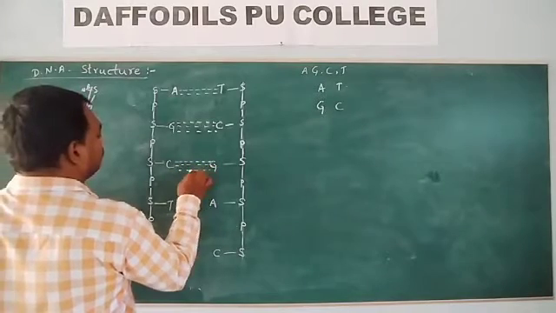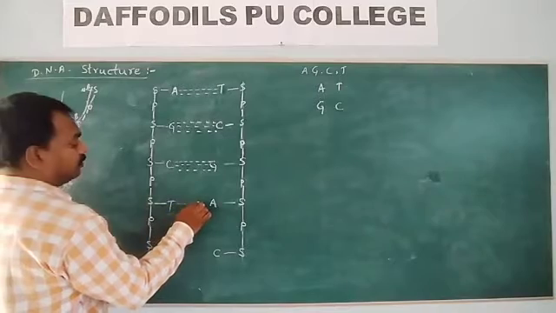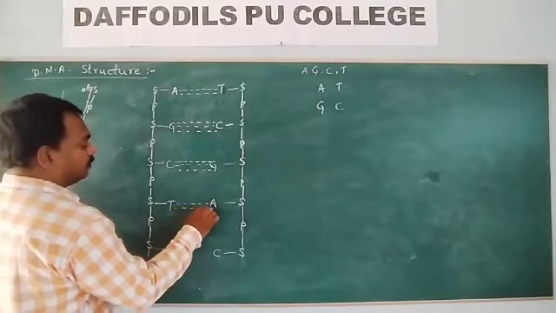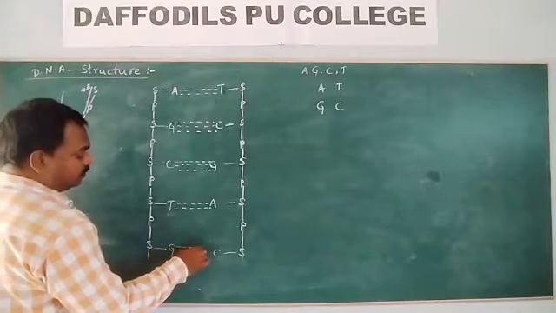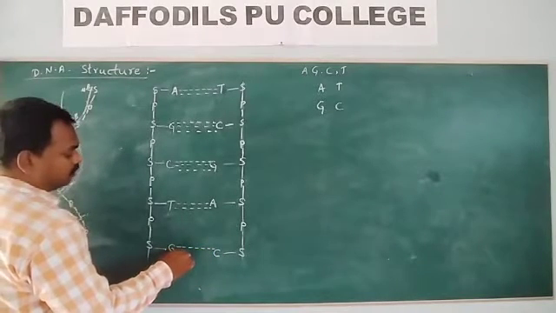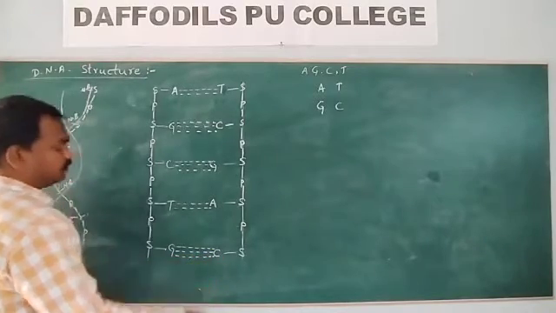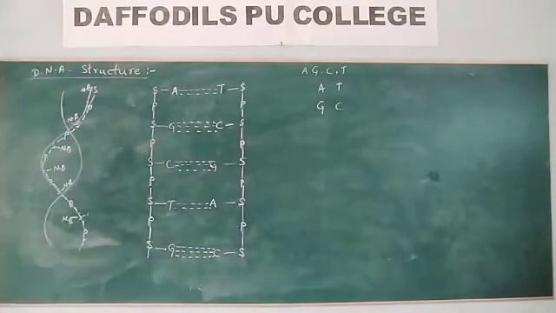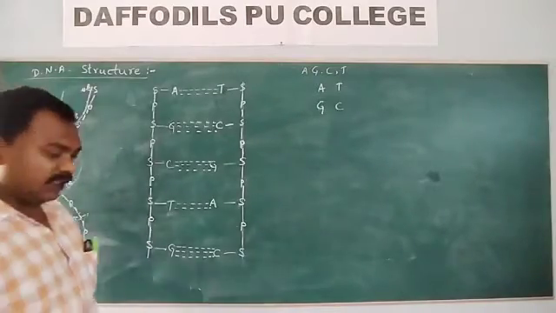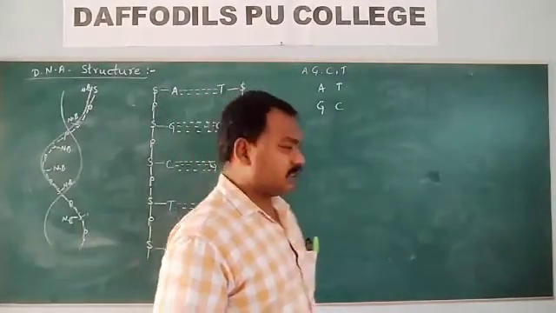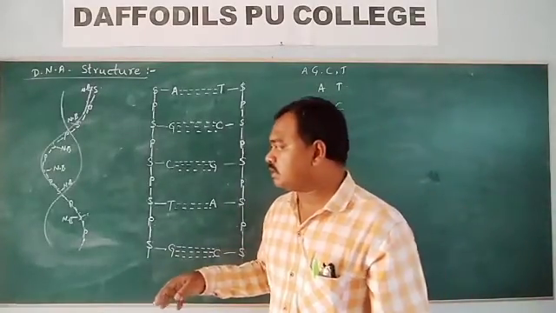Here also we can see three hydrogen bondings. Look at here. Here two hydrogen bondings. Like this, hydrogen bonds are present. Between adenine and thymine, two hydrogen bonds are present. Between guanine and cytosine, three hydrogen bonds are present.